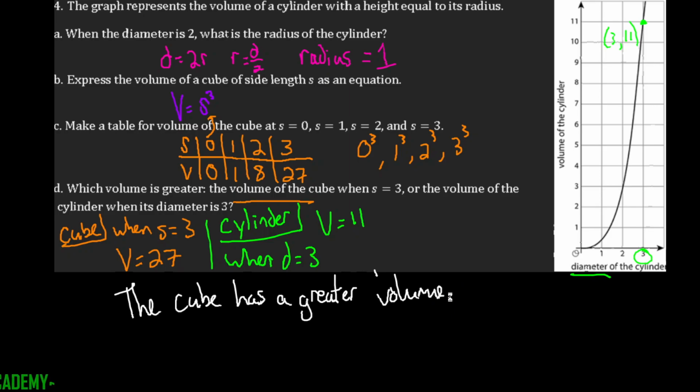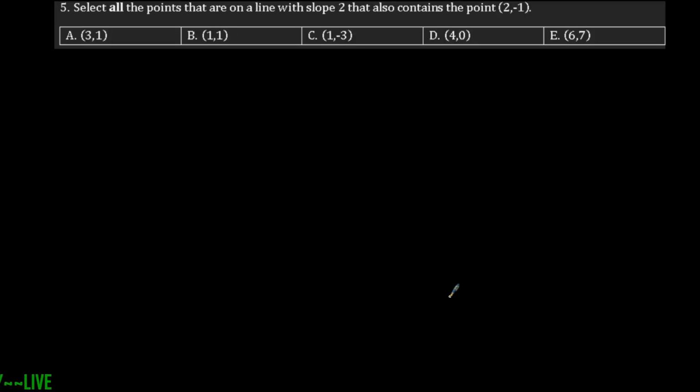All right. And then for number 5, it says select all points that are on a line with a slope of 2 that also contains the point 2, negative 1. So what you can do here is we're going to say, all right, well, we know it's going to be in the form y equals mx plus b.